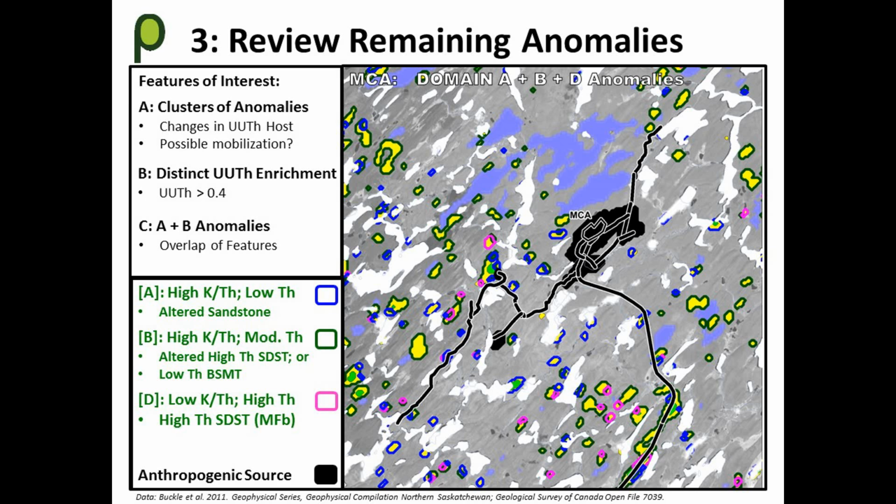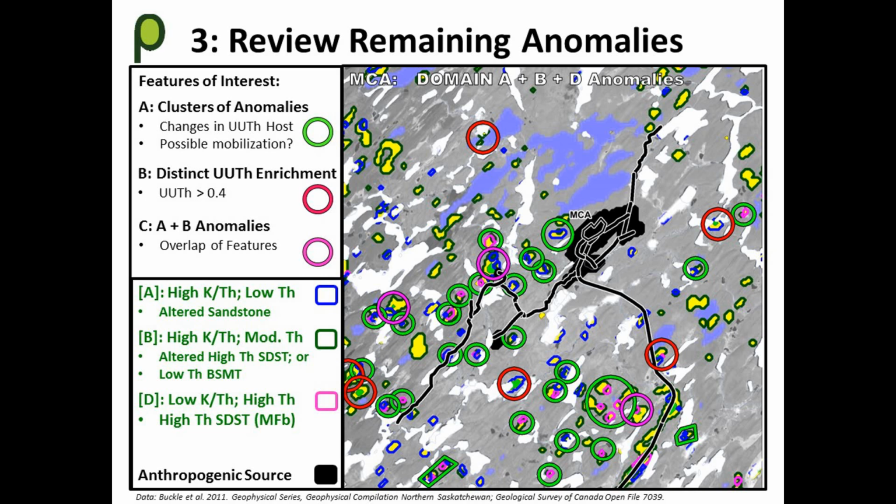Maybe it's not due to just the rocks they're coming from, but actually an overlap of features. And then also distinct uranium thorium enrichment. So right here as well, where we get this group of stacked anomalies, we're also getting a distinct jump in the actual uranium enrichment signal. And then finally an overlap of those features. So when you've got distinct enrichment of uranium, plus spatially associated changes in host to those uranium enrichments, maybe that's telling us something.